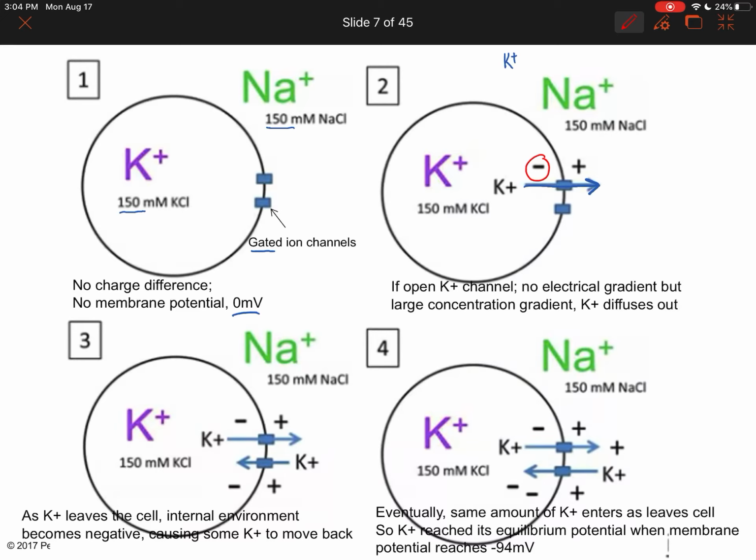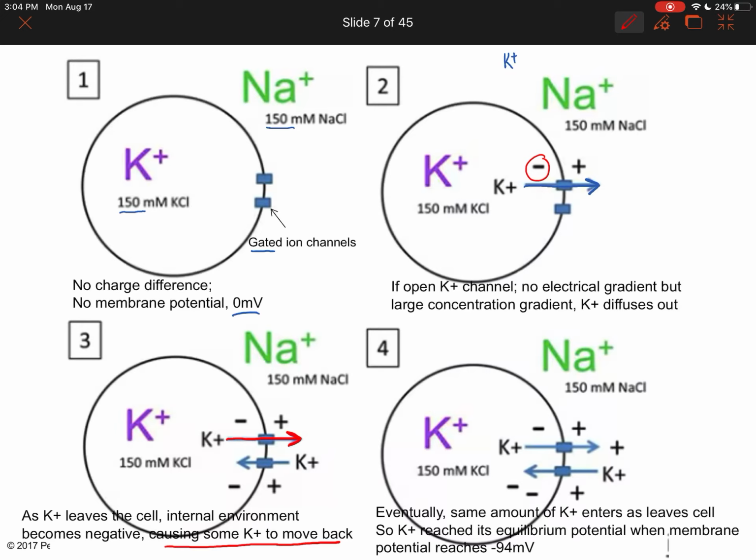All right? So the concentration gradient is going to move potassium out. Because there's no charge difference at first, there's no electrical force pulling potassium one way or the other. However, if we go to number 3, as potassium leaves the cell, the internal environment becomes more and more negative, and that's going to pull some of the potassium to move back into the cell.